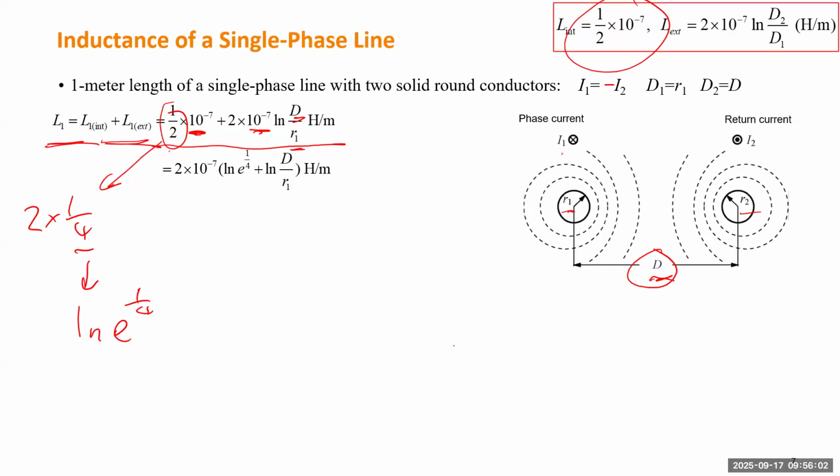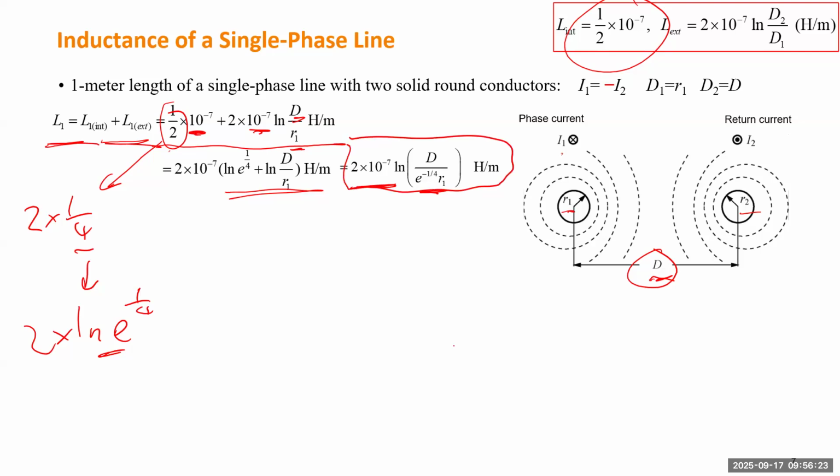Then we can move this together with the second item and create this formula. All right, so we further simplify, and there will be this item. If you compare, this is the total inductance. You compare this formula to the formula only for the external inductance. They have almost the same form. The only difference is this denominator. It's a little bit more complex.